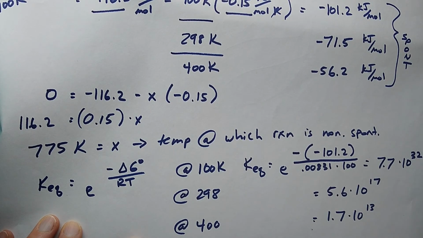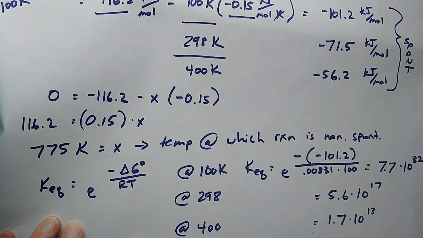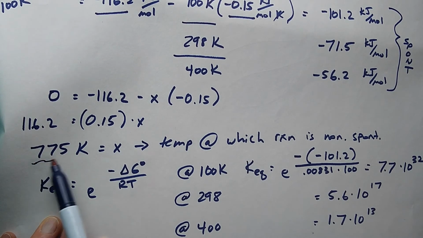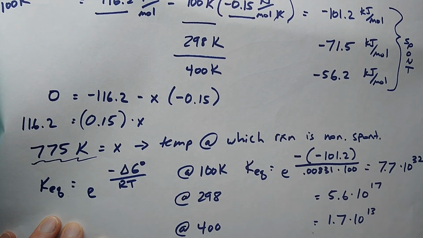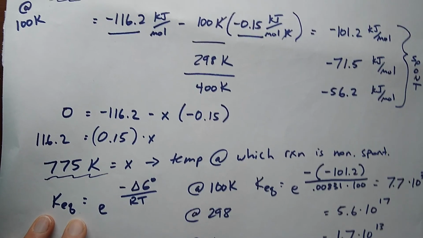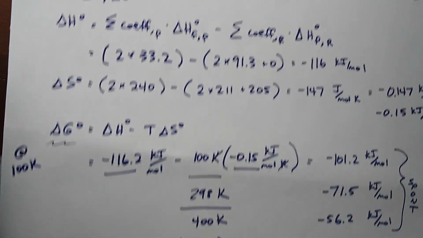And that makes sense, realizing that at some higher temperature, 775 Kelvin, this reaction becomes non-spontaneous, and higher than that will favor the reactant side, meaning that our KEQ would become a number smaller than 1. Does that make sense, just thinking about the whole problem?